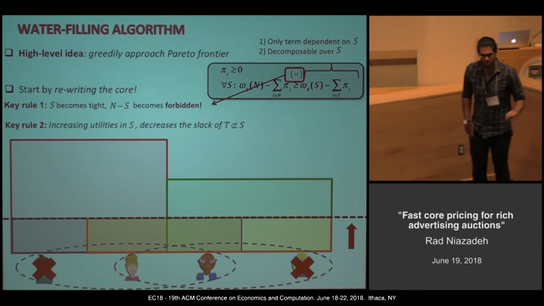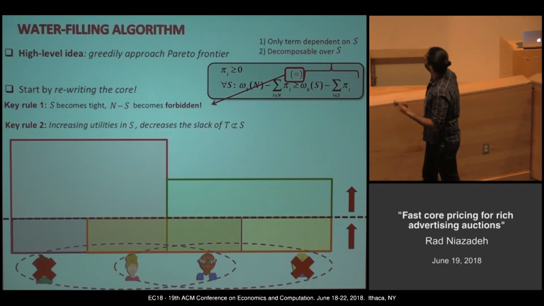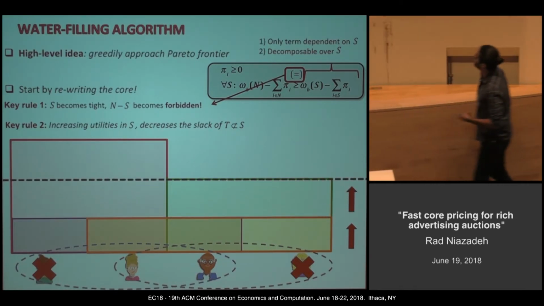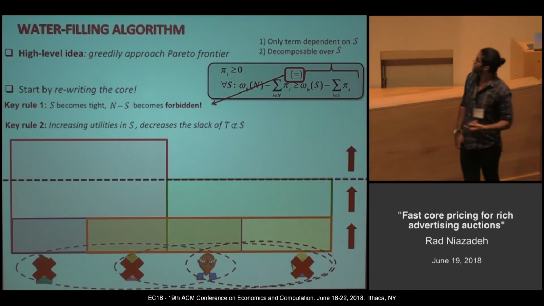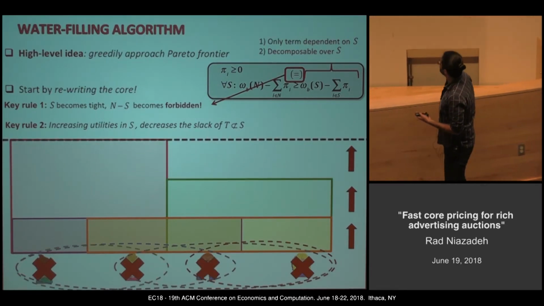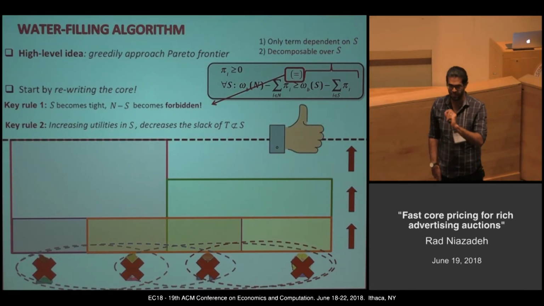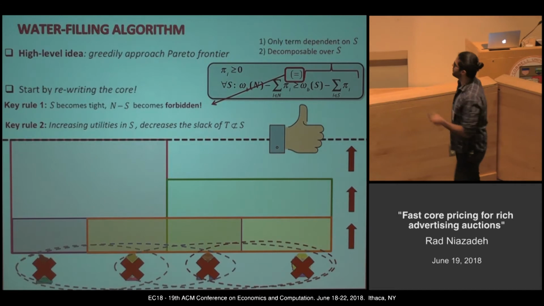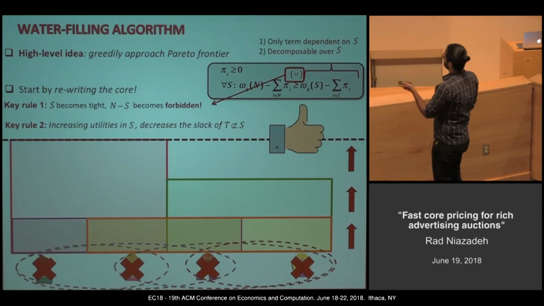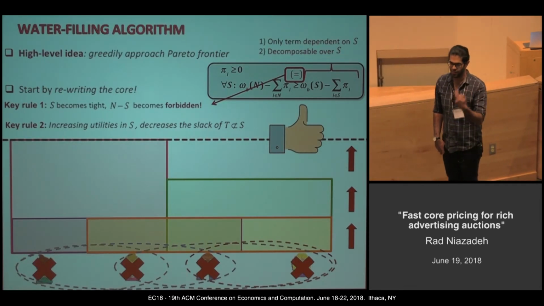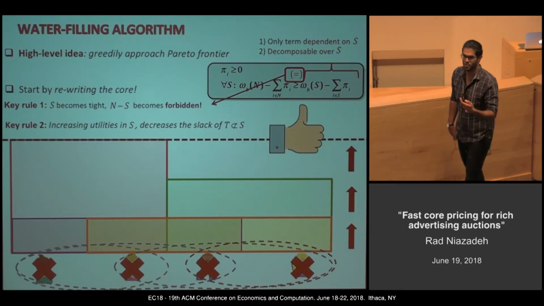Among the remaining bidders, you start increasing the utilities again until you hit the next tight core constraint. You repeat the same process again and again until you run out of bidders, and this is the moment you have to stop. It's not that hard to show this is a bidder-Pareto-optimal core point, because essentially you cannot increase any of the utilities anymore. If you do, you're going to go outside of the core.